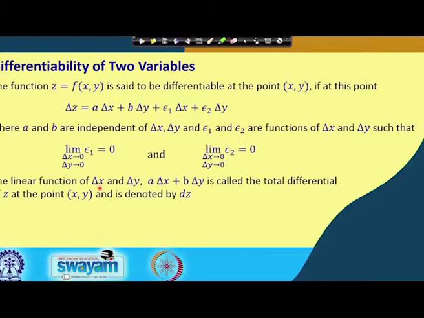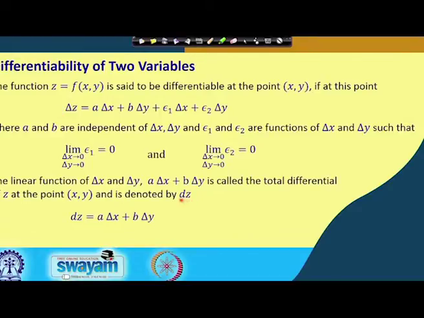So, this linear function again, which is a delta x plus b delta y, is called the total differential. We have also introduced it in the case of functions of a single variable. Here this is called the total differential of z at this general point x y, denoted by dz, which is the linear part of this expression, whereas delta z is the change in z when we change x and y by delta x and delta y.